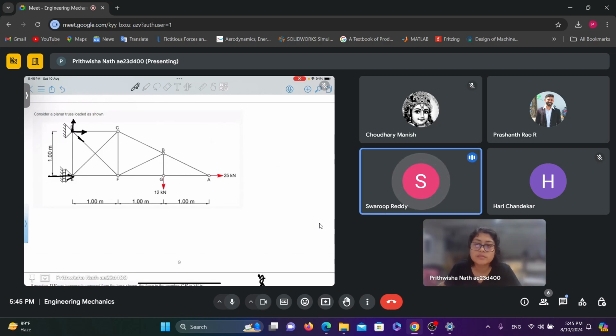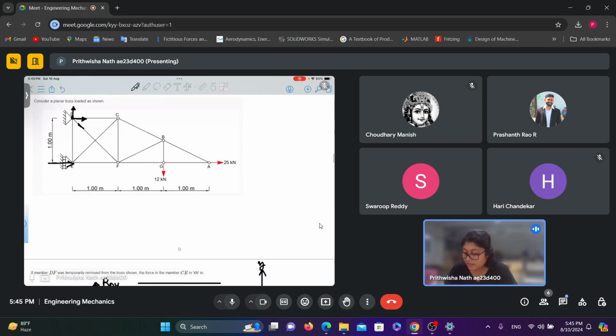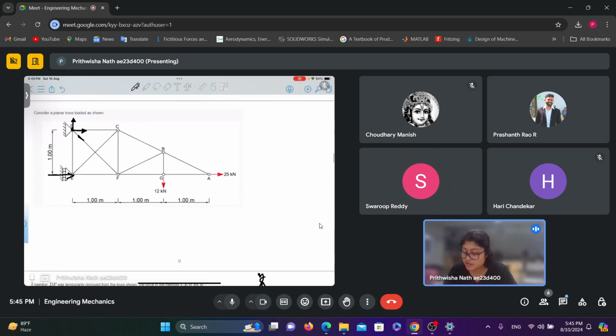Ma'am, but in reality there will be no horizontal force for a hinge joint. That you need to find out from the equilibrium equation. There can be a horizontal component as well.